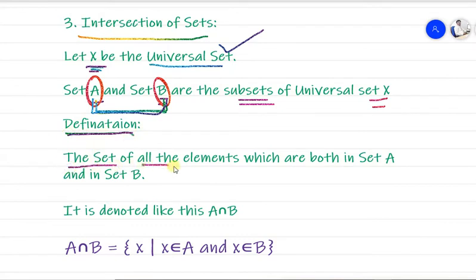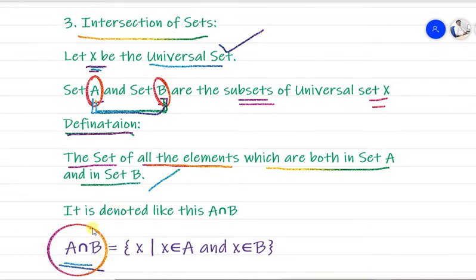The intersection of two sets is nothing but one set, and that set has all the elements which are in both set A and set B. In short, whatever the common elements in set A and B, common elements from set A and B is nothing but the intersection of two sets. We have to consider only common elements from set A and B and put them in one set, and that set becomes the intersection of two sets.